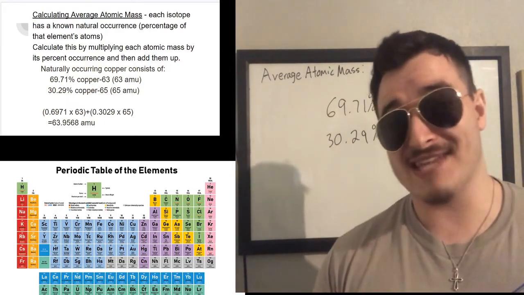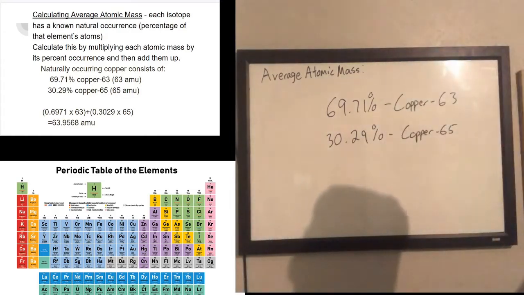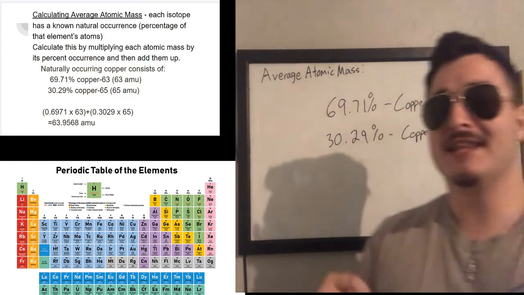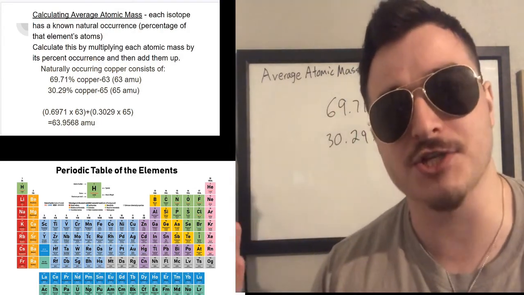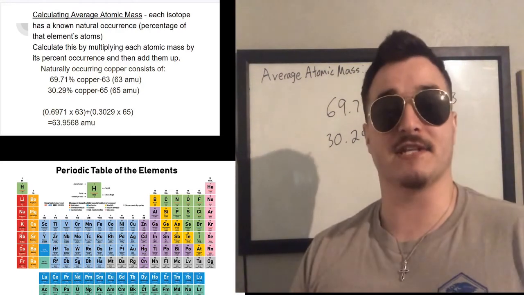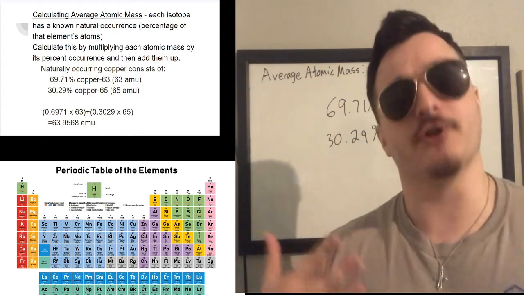And if I don't realize that, then my goodness, I'm losing free points. On top of that, if nearly 70% of it is copper 63, then I'm going to assume, because I understand mathematical relationships, that my answer is going to be closer to 63 than it is to 65. If you understand these logical relationships, then you're much better off.